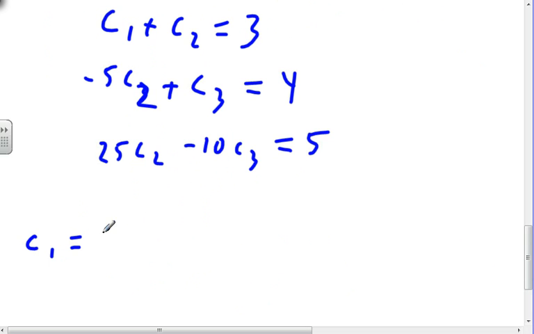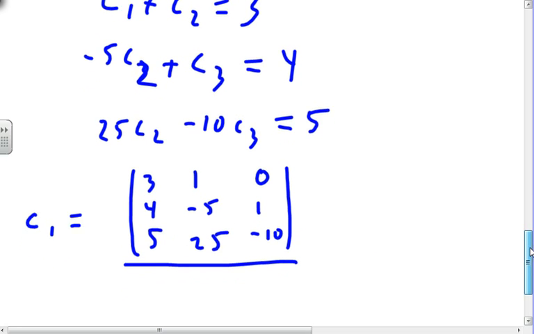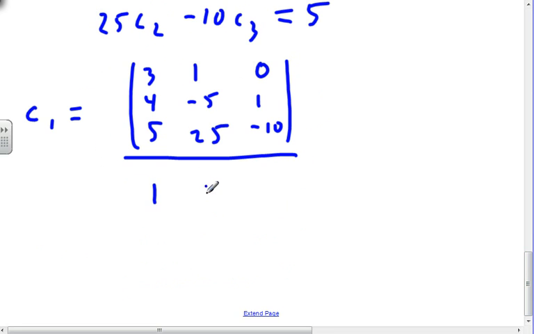C1 equals the determinant with rows 3, 1, 0; 4, minus 5, 1; 5, 25, minus 10, over the determinant with rows 1, 1, 0; 0, minus 5, 1; 0, 25, minus 10.